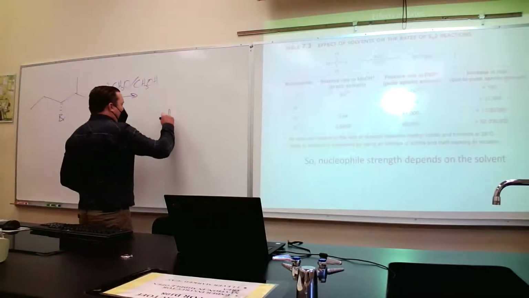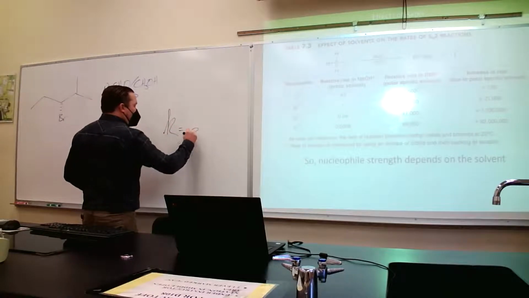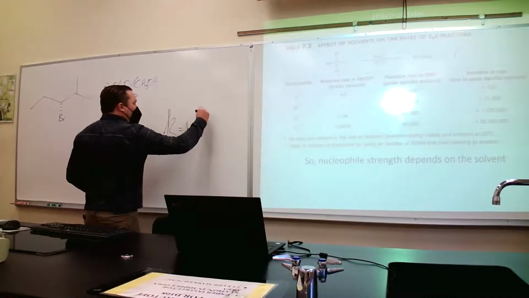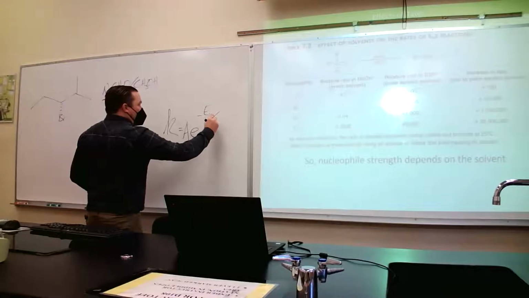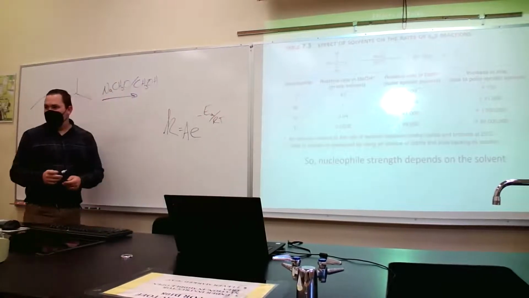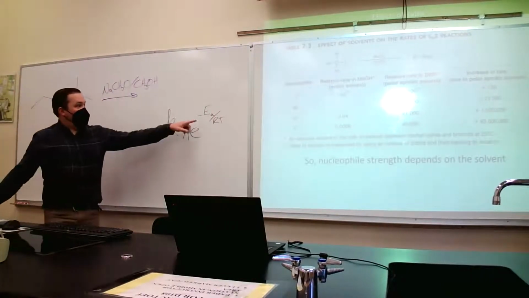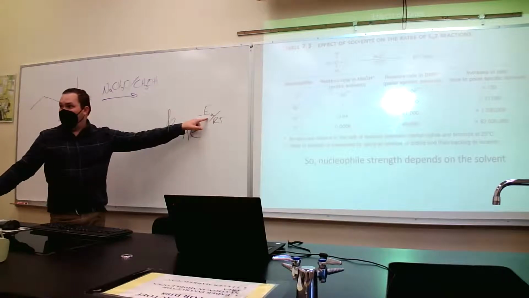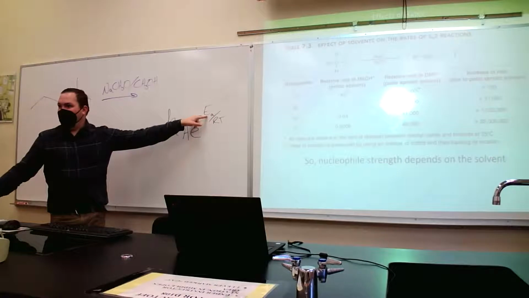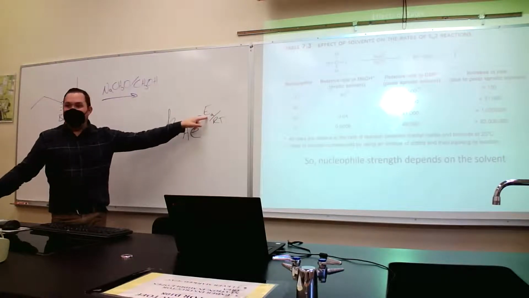Rates are always going to come back to this version. And really what we're doing when we mess with the solvents is changing the activation energy, because we're stabilizing the reactants, the nucleophile, which is going to increase your activation energy.